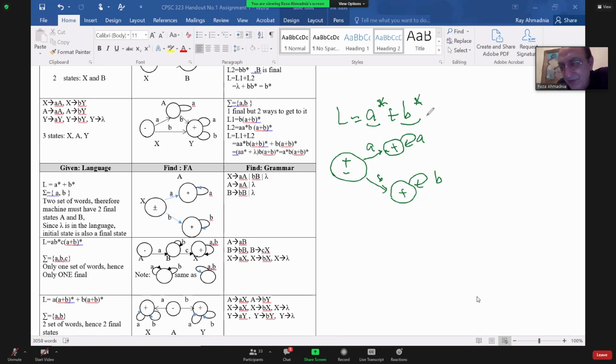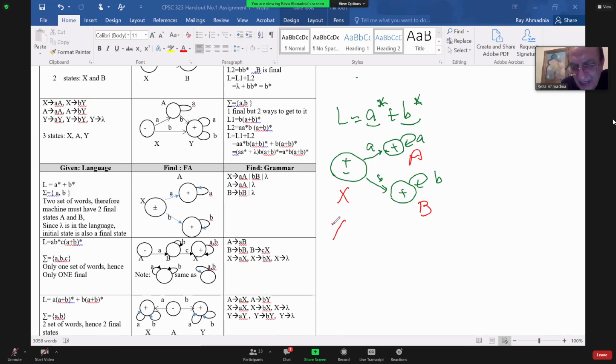Now it's very easy to find the grammar here. If I have a loop A, I call this state A. I have a loop B, I call this one B, and then this one here, for example, X, or any name you want to use, that's fine.